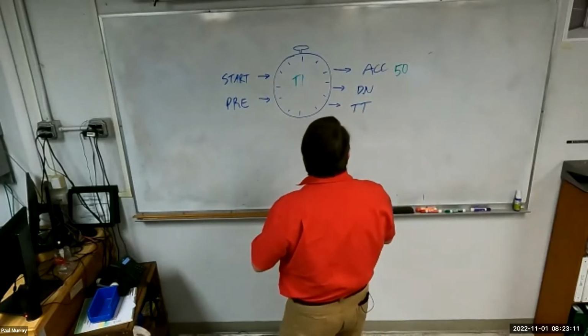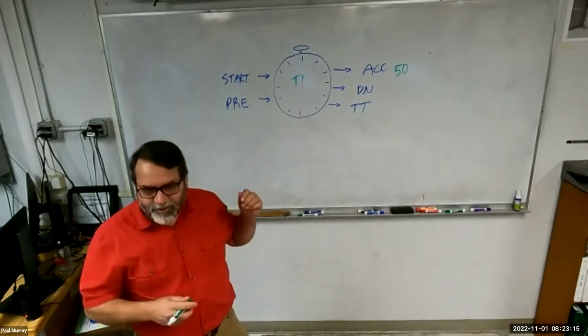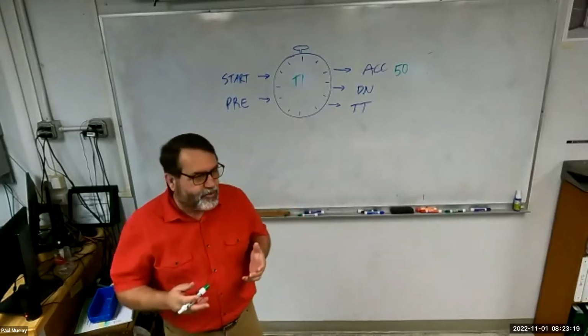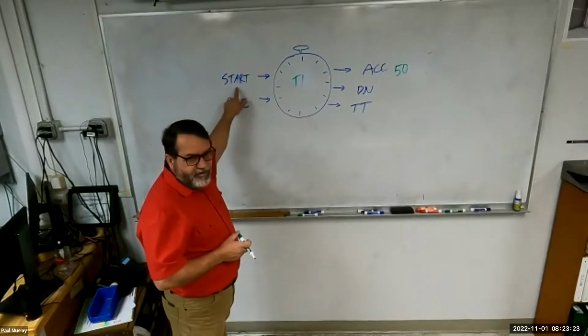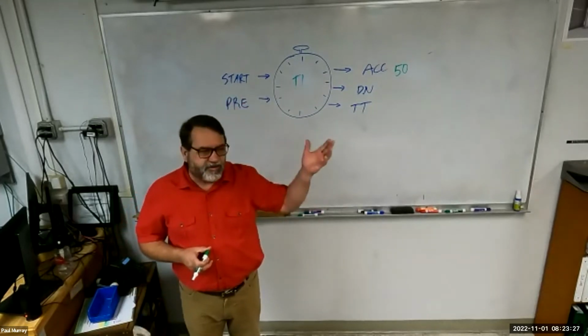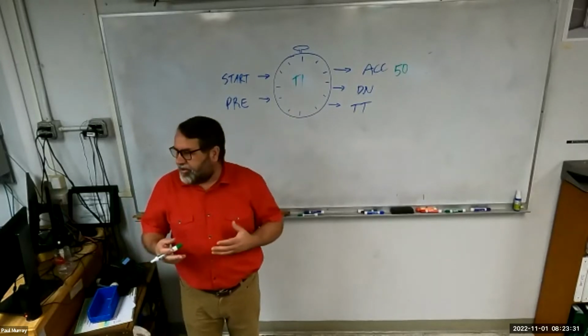Another thing I can do is take advantage of timer quirks that you have to get used to. One quirk is that when you push the start button to start a timer, if you don't hold that start button going, it's going to stop and reset. It's just the way that they design them.